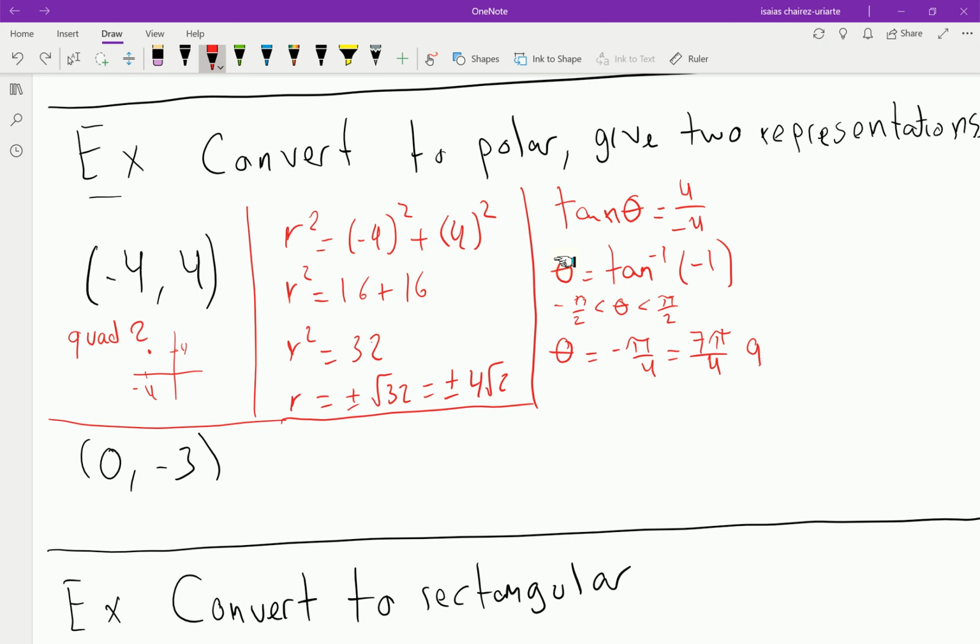This is in quadrant 4. But remember, our point is in quadrant 2. So what gives here? How do we reconcile that? If you think about it, the tangent here is telling you that your angle is over here in quadrant 4. This right here is -pi/4.